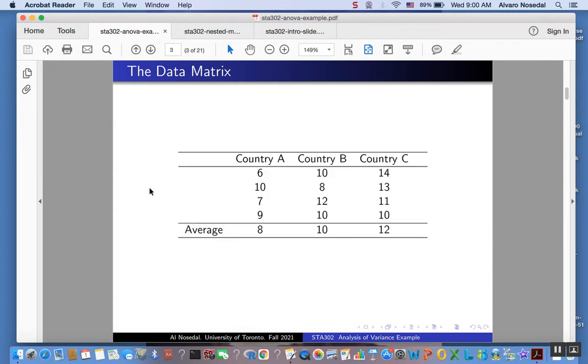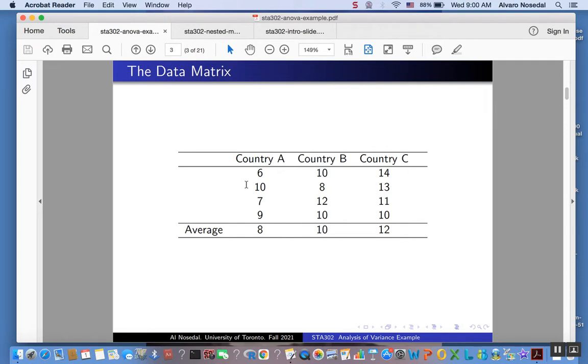So there we are, our 12 observations, and again we have the information about where those sales took place: 4 observations per country. Country A, country B, country C.